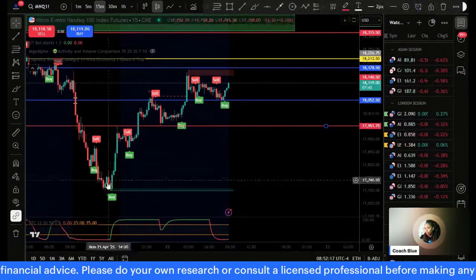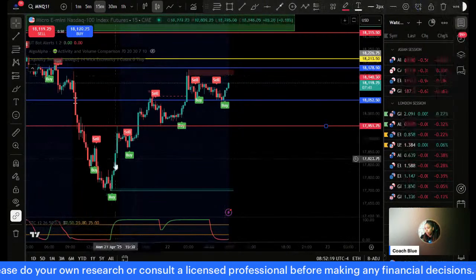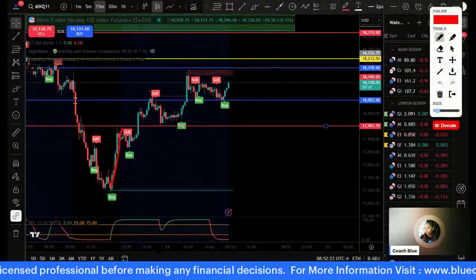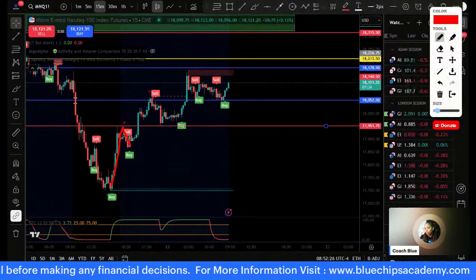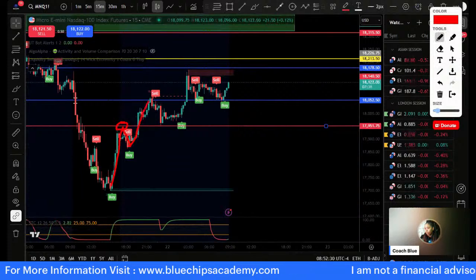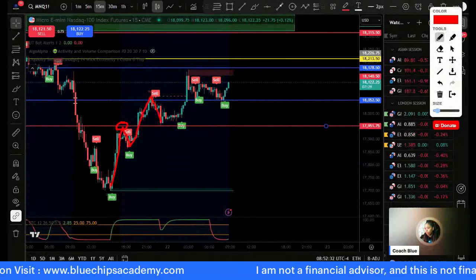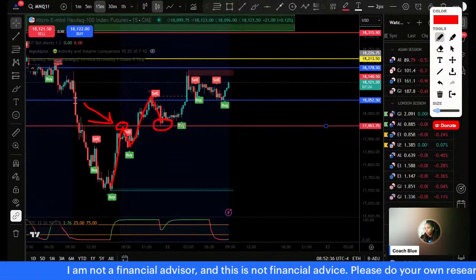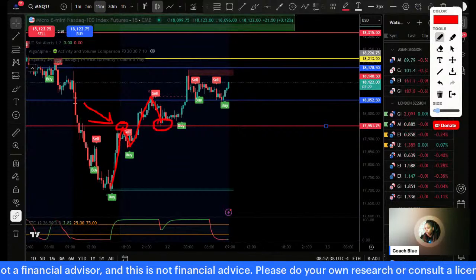If we look here, let me get my pen, we can see that price came here and pulled back. This was the first level of resistance. It broke through and pulled right back to this level. Past resistance is future support, so this is support right here now.